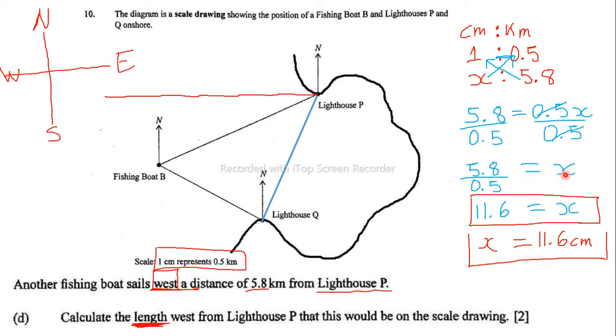So if we have 11.6 centimeters, that would be equal to 5.8 kilometers. That's the idea. We need 11.6 centimeters to give us 5.8 kilometers. It's pretty straightforward.